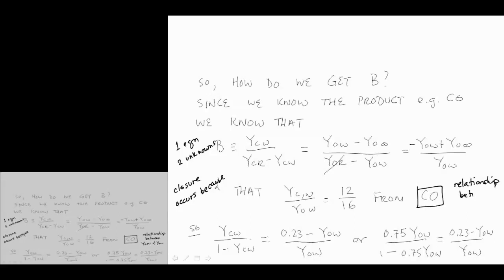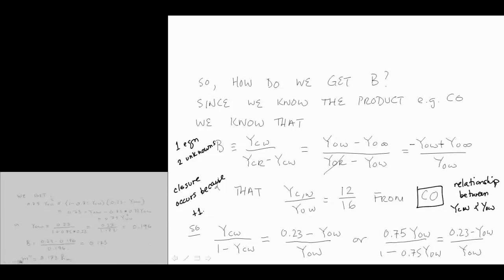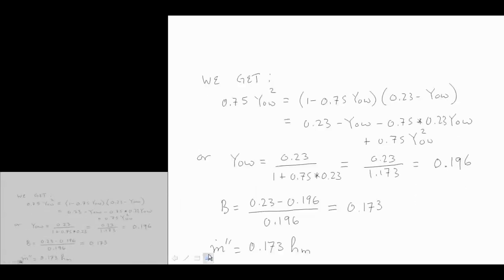And so I add an additional equation and no unknowns. When I put those together and simply solve for YOW, I find that YOW is equal to 0.196.